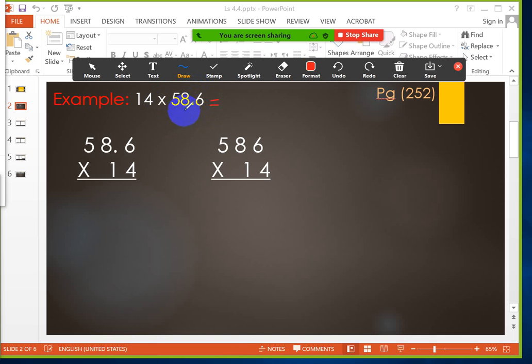So if I want to write this number according to the place value, it will be what? This 5 in the 10th digit, so it will be 50. The value of the 5 in the 10th digit, it will be 50. And the value of the 8 in the 1st digit, it will be 8.